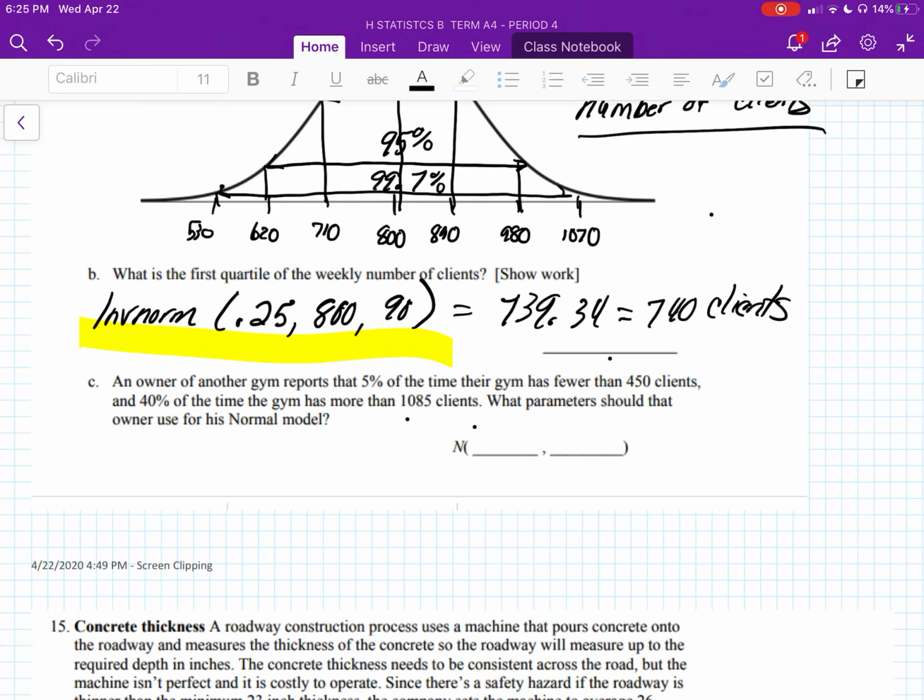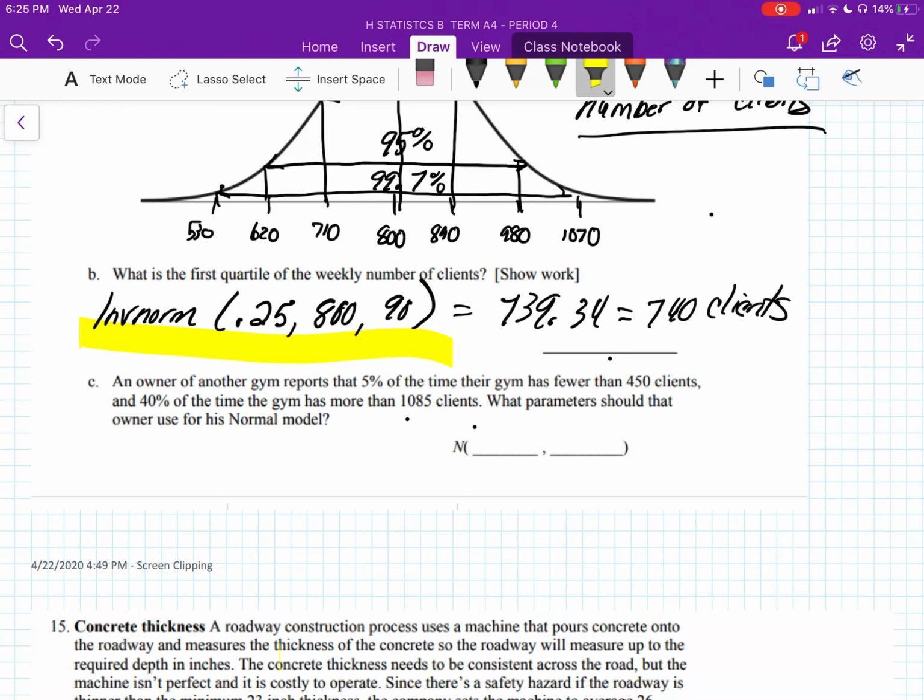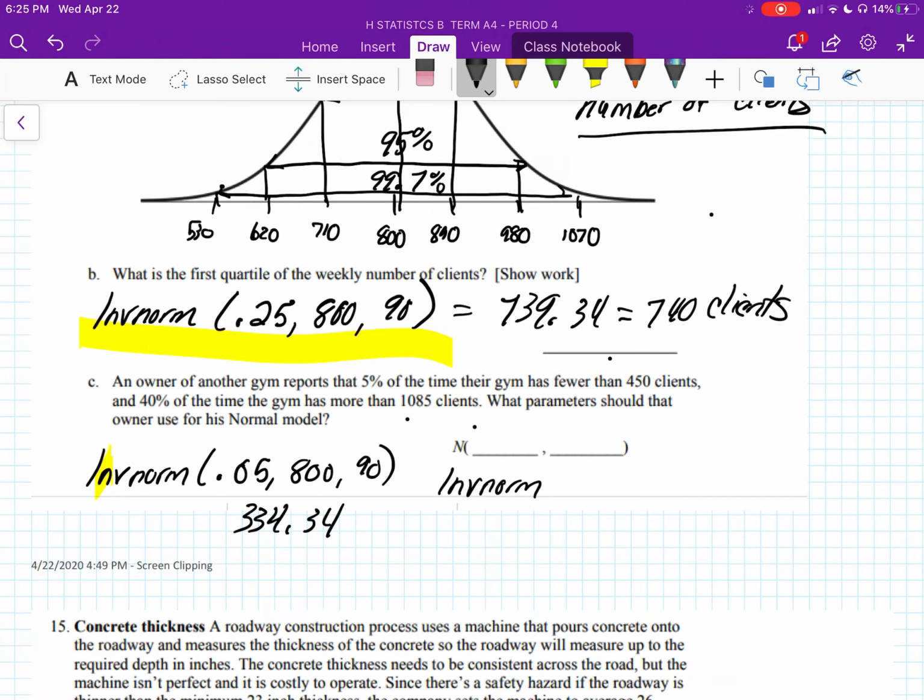So you're just going to do 2 more of the same thing you did before. You're going to do inverse normal for 5%. So that'd be 0.05, comma 800, comma 90. And we get the lower part of the parameter is 334.34. And then the upper part, this will be totally okay to show on the test, is at 40%, so that's 0.4.